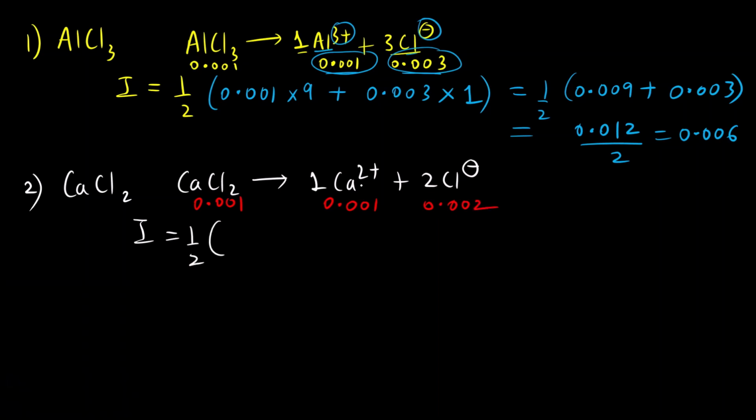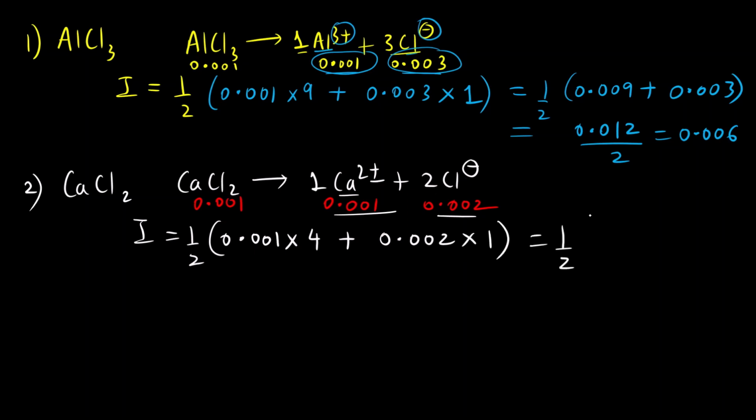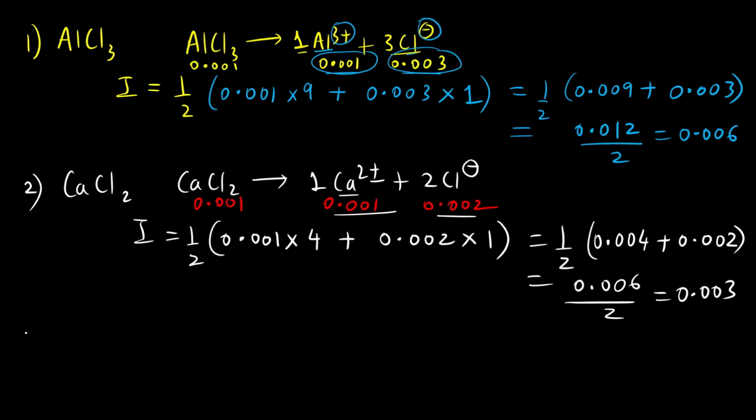Half into, for calcium, concentration 0.001, charge is 2, 2 square is 4, plus 0.002 into charge minus 1, square is 1. So 4 into 0.001 is 0.004, plus 0.002 into 1 is 0.002. This is 0.006 divided by 2, that is 0.003. The last one is KCl.